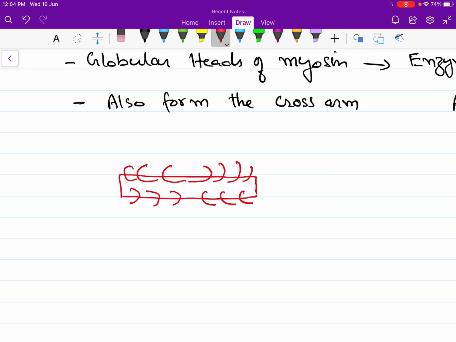Now these bundles of myosin proteins are held together within the thick filament by means of a protein called M-line. So M-line is responsible for binding the different myosin proteins together. Now these myosin proteins or thick filaments are also in contact with the Z-line, and there is a protein which connects the myosin proteins with the Z-line. That protein is called the titin protein.